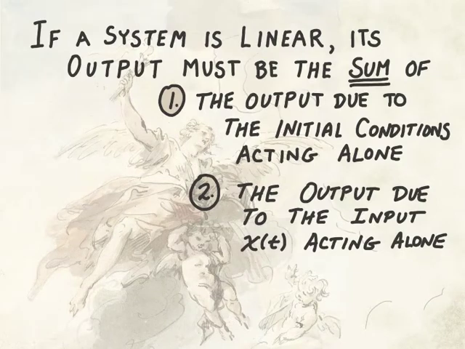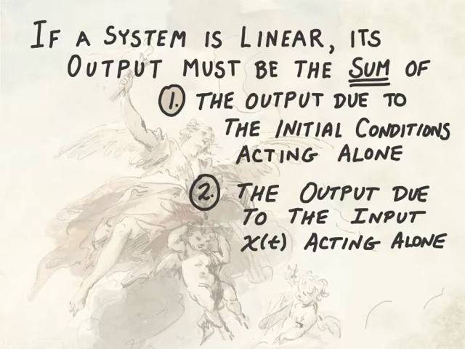These properties of linear systems are extremely important throughout the entire class. And the one I'm giving you on this page is also very important. I almost cannot stress enough how important it is. If a system is linear, its output must be the sum of two signals. One is the output due to the initial conditions acting alone. The other is the output due to the input x of t acting alone.